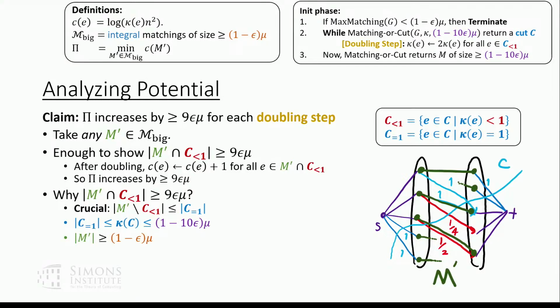On the other hand, we know that the matching you're finding has to have size 1 minus epsilon mu. That's how we're looking at specifically matchings with this large size. So we're basically exploiting a slack we have. And so that remaining 9 epsilon mu has to come from the red edges. This was a small cut, so a lot of its value has to come from the red edges. And that's it. Those red edges increase in cost, and so your overall potential increases.